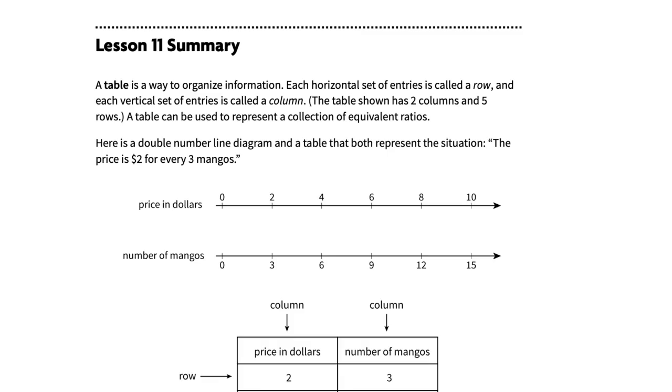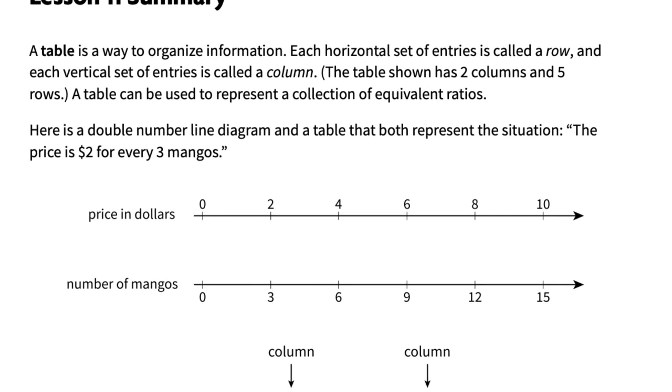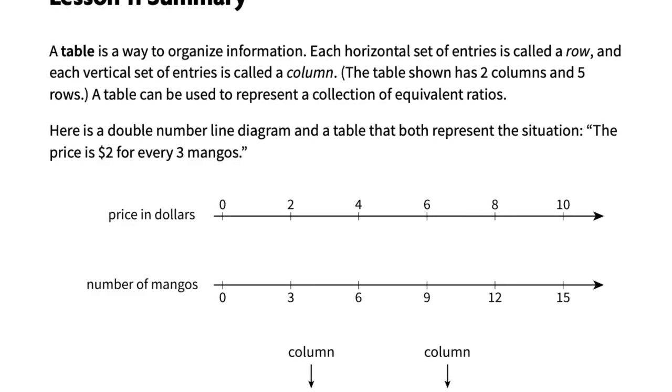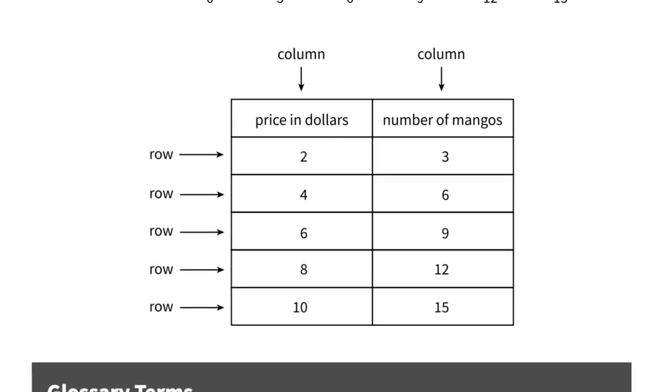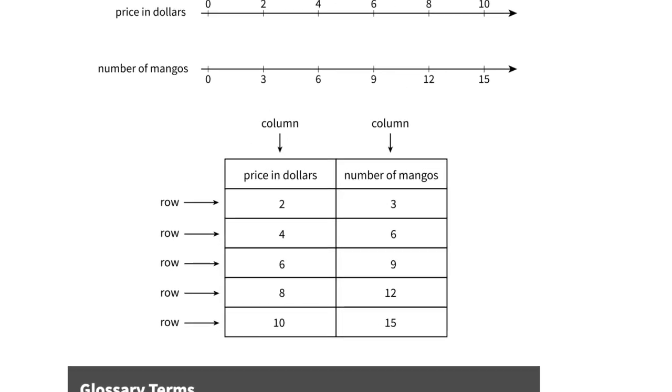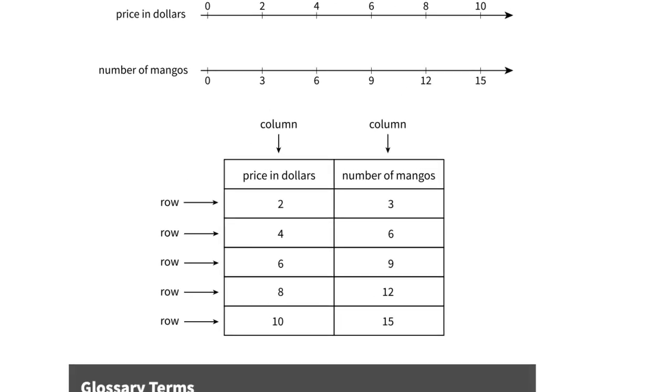That brings us to the summary, which is really that the double number line has its place. We like the double number line. It's very visual. It's easy to use. But eventually, sometimes those numbers get bulky. And instead of using that double number line, we're going to think of the table. That table just allows us to deal with a wider range of numbers.